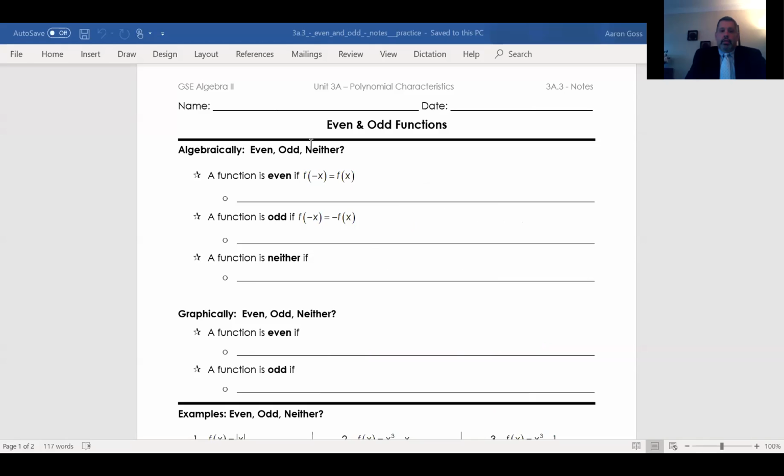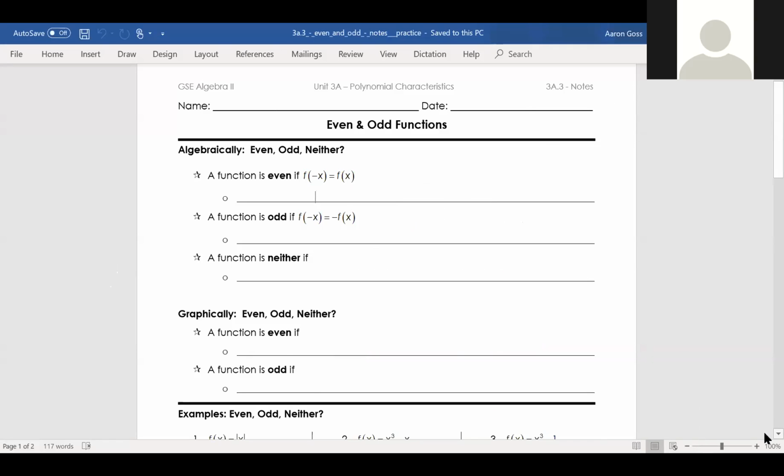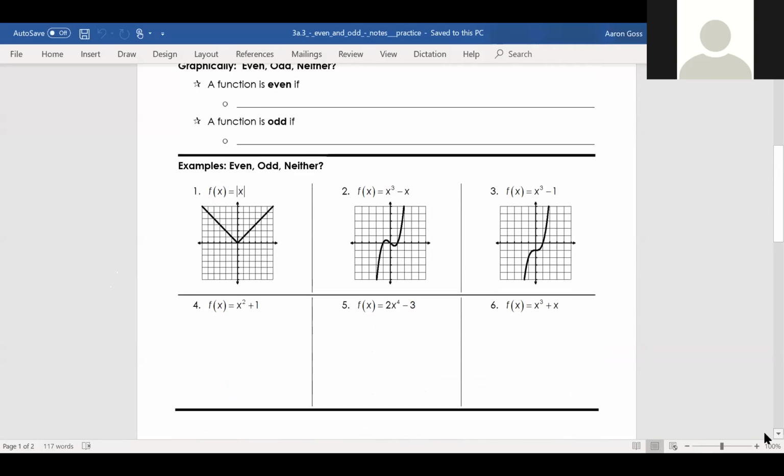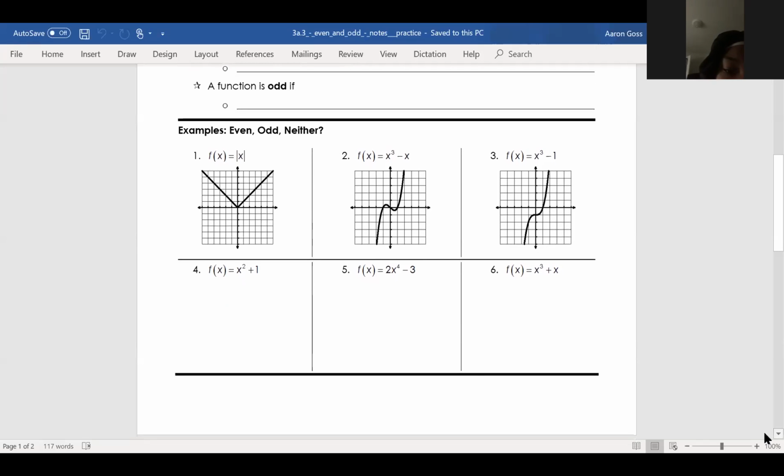I still can't scroll down. Figure that out. All right, moving along.